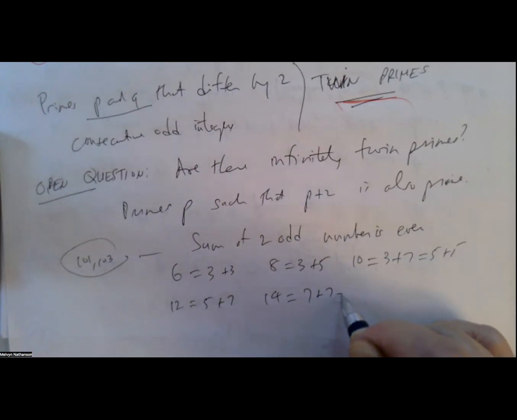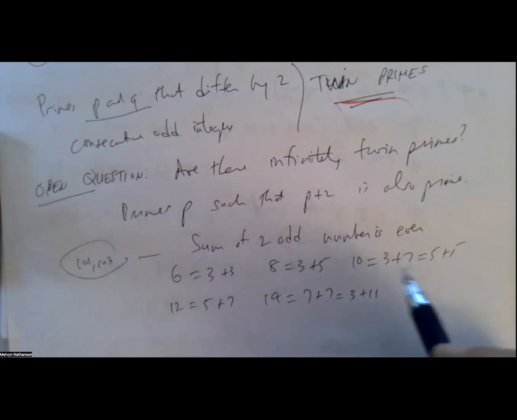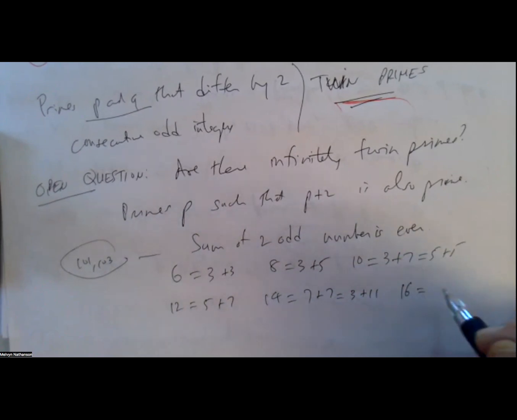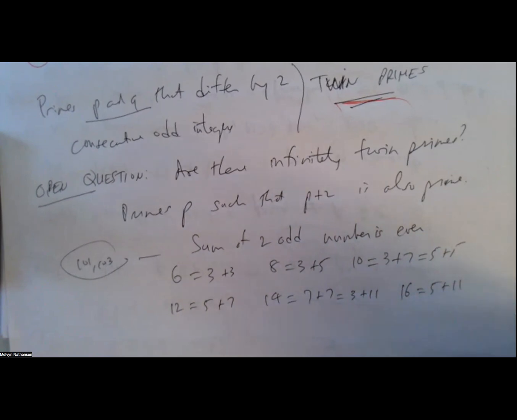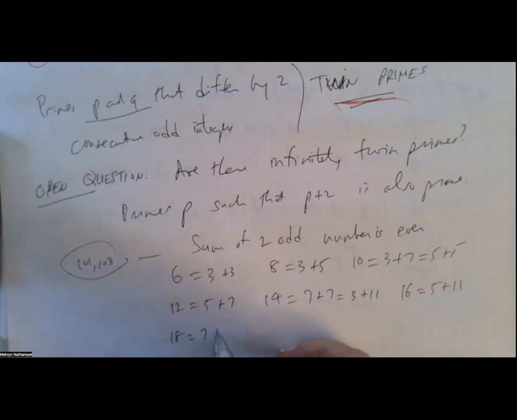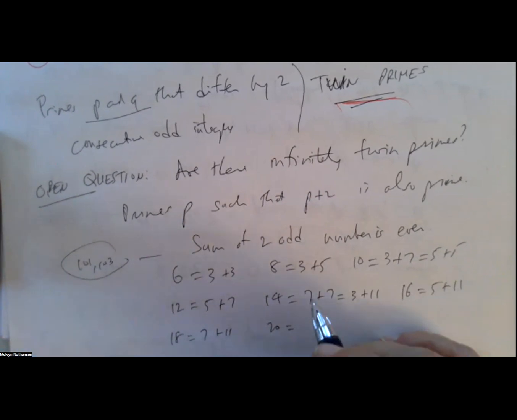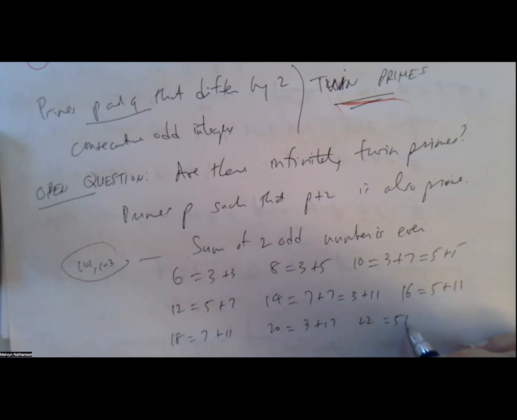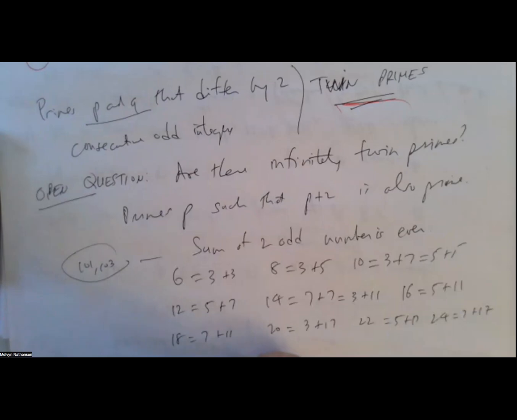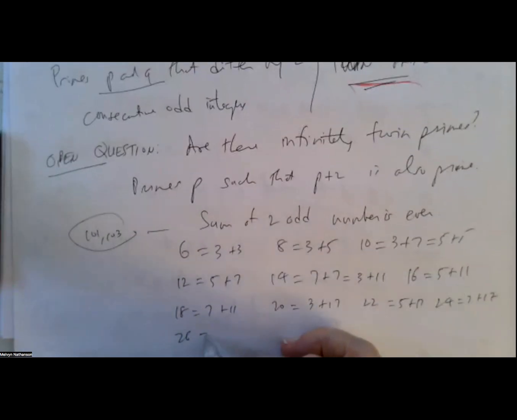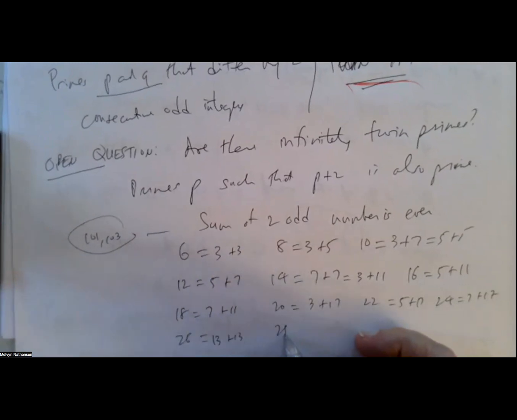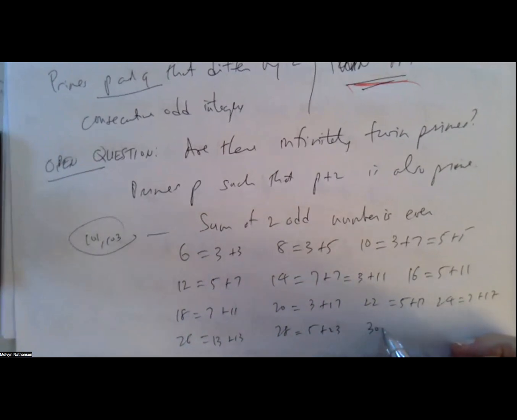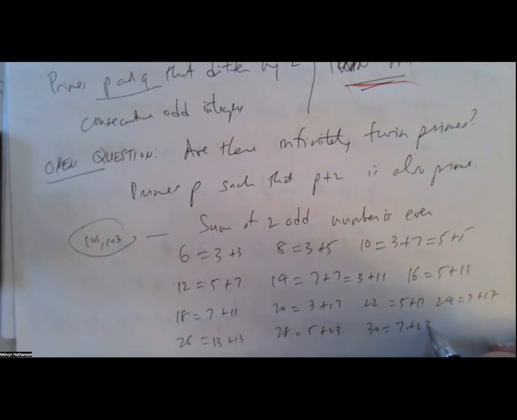I can also write 14 as 3 plus 11, but I just want to find one way to write an even number as a sum of two odd primes. 16. 18 is 7 plus 11. 20 is 3 plus 17. 22 is 5 plus 17. 24 is 7 plus 17. 26 is 13 plus 13. 28 is 5 plus 23. 30 is 7 plus 23.